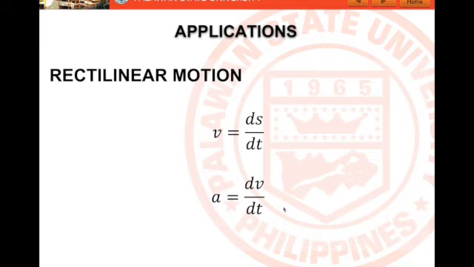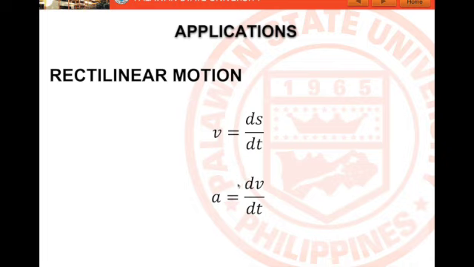You also have an idea from that first meeting that in order to get the position of an object, given the differential equation or the function for the acceleration, you just need to get the antiderivative twice.